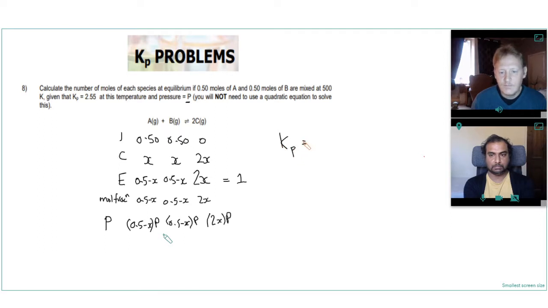So Kp is partial pressures of products over reactants raised to their powers. We can write it out.